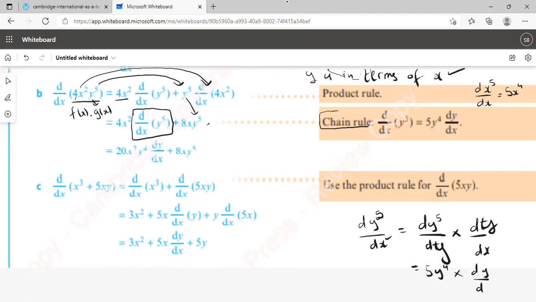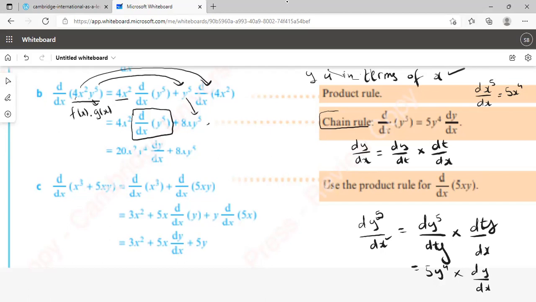We don't know the answer to dy/dx, okay? But we know this. So never ever think that chain rule is always dy/dx equals dy/dt into dt/dx. I mean, it is this, but your variables can change. In this case, instead of y, we have y to the 5.